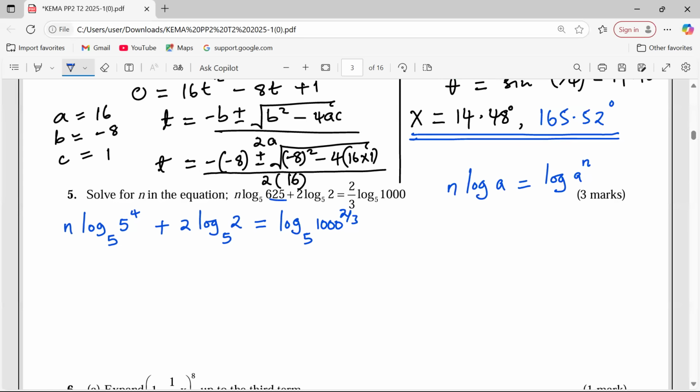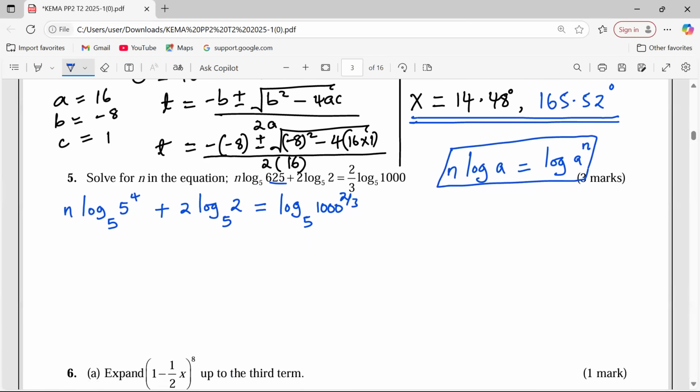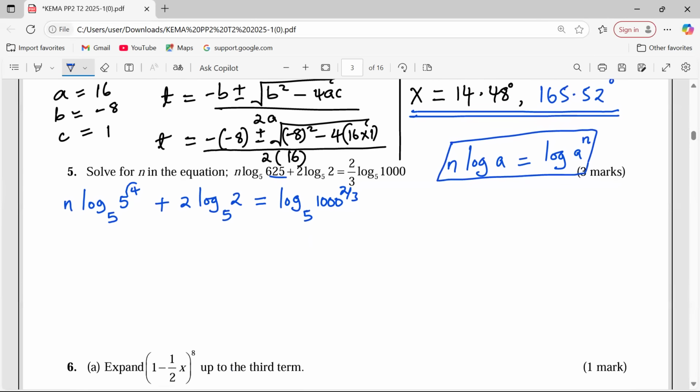2/3 becomes a power. Now, I want to apply the same law on the first term, such that power 4 now drops here.